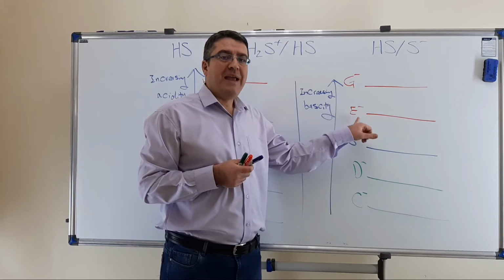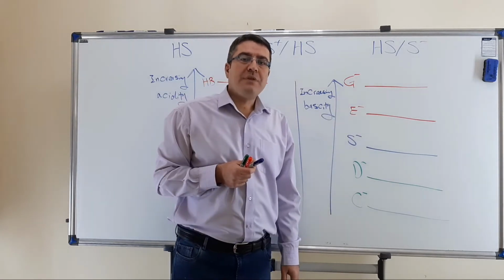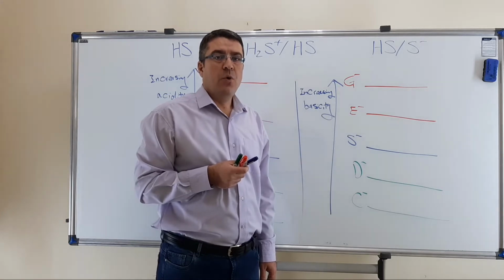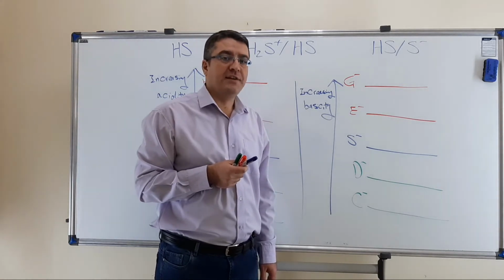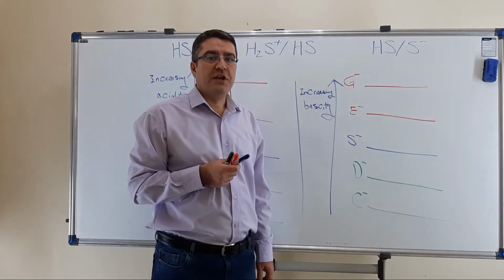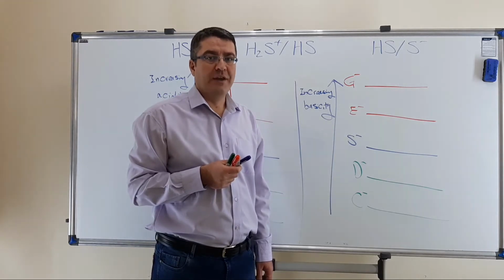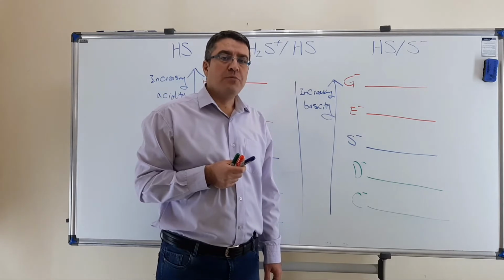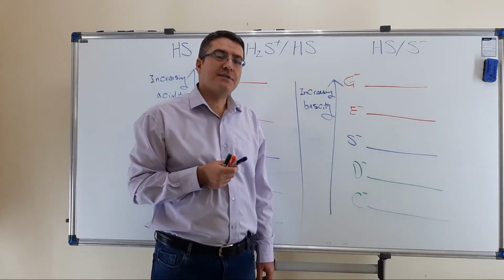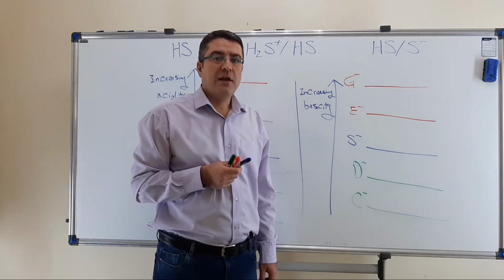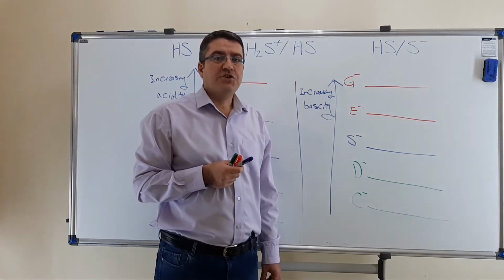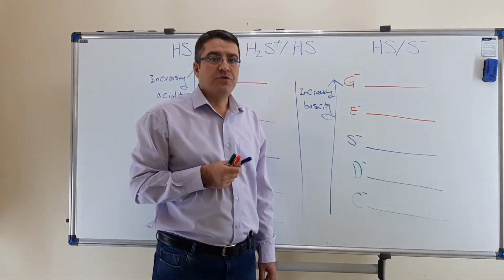For strong bases, we assume that the base dissociation reaction is complete. All of the base is dissociated and almost none of it remains at the equilibrium point. In other words, associated equilibrium constants or basicity constants are so great that almost all of the reactant, the initial base, is consumed.